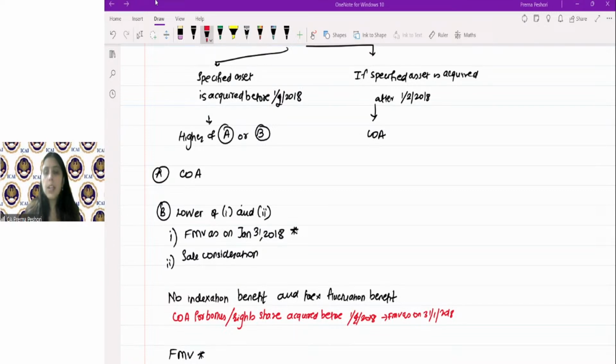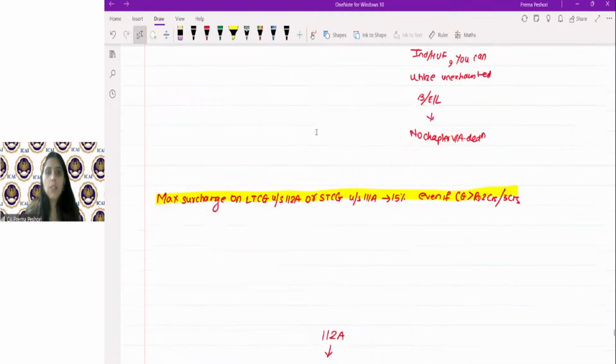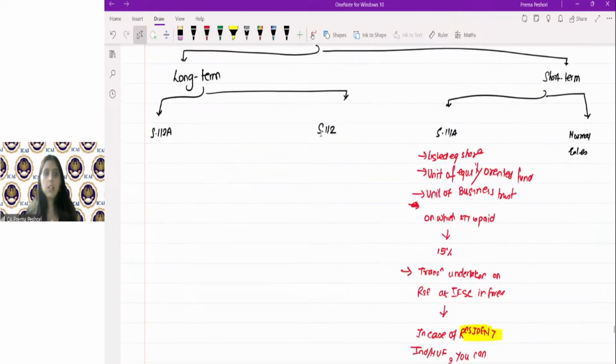Under 112, if it is a case of resident individual or HUF, then in that particular case, it is 20% of the capital gain.